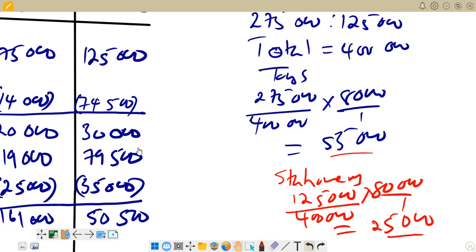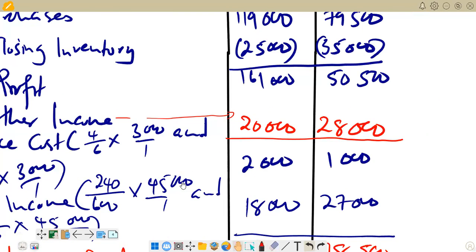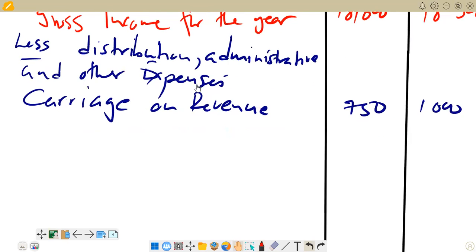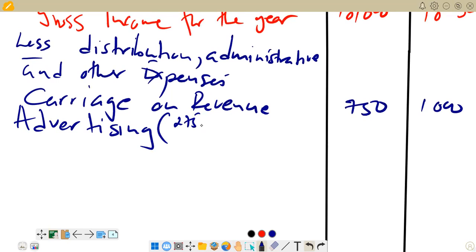But obviously, we are also going to summarize the working. So we come here and we are saying advertising. In brackets, let's summarize the way we did it. On the first part, we said 275 over 400,000, then we multiplied by 80,000 over 1.